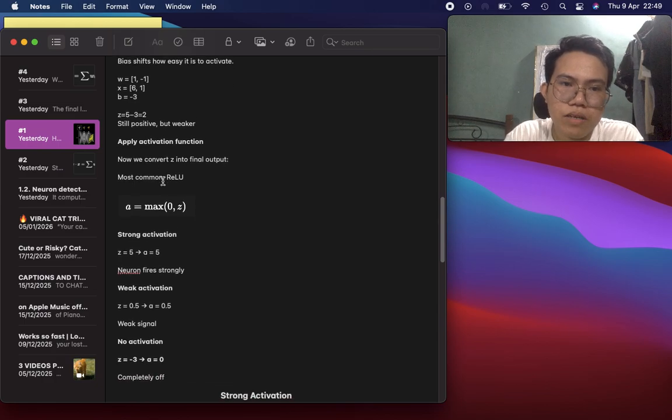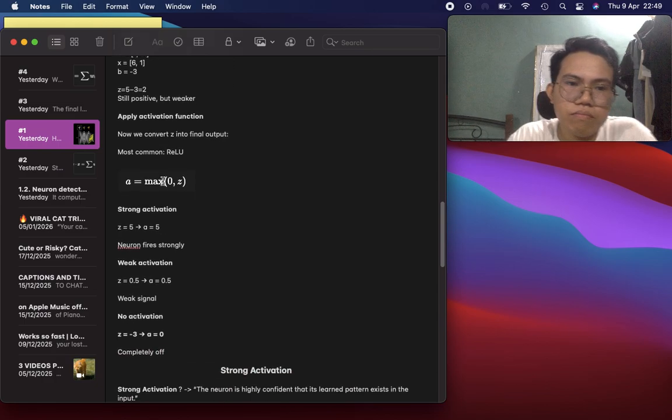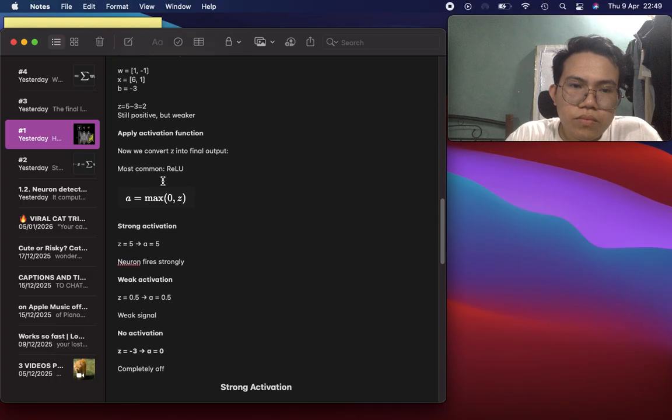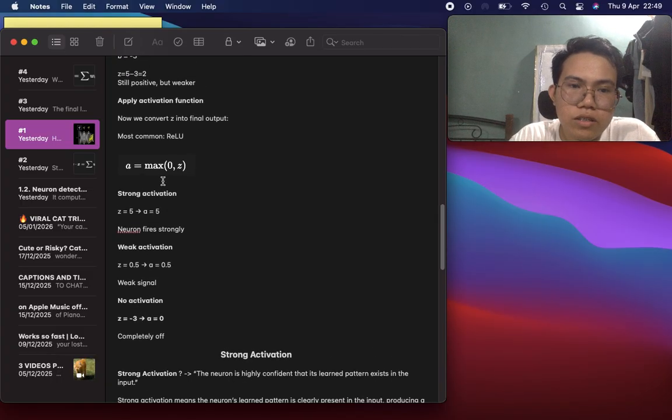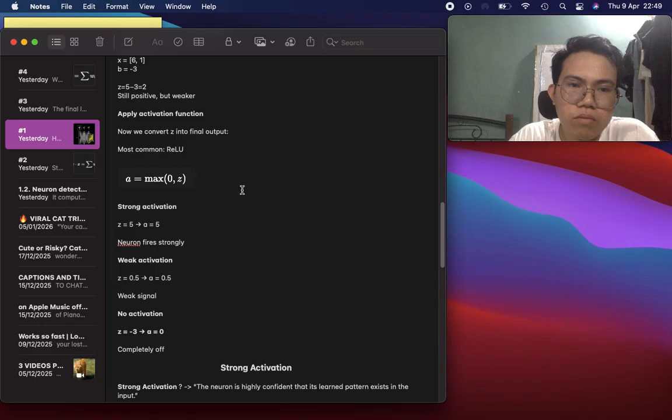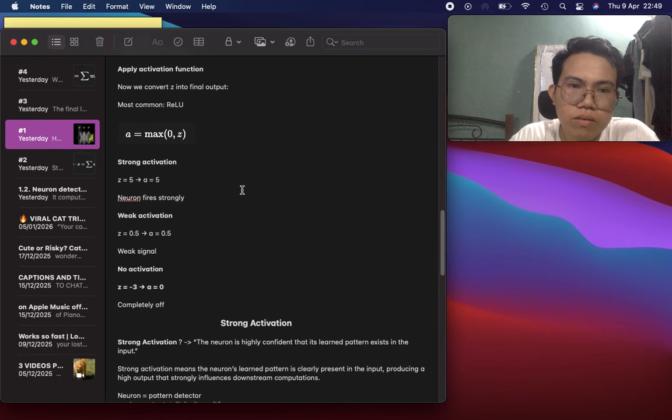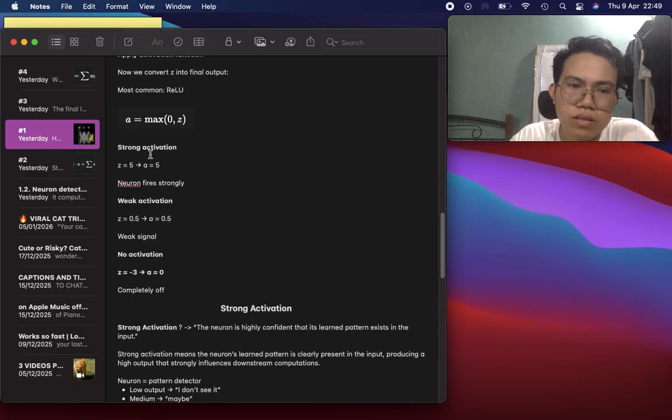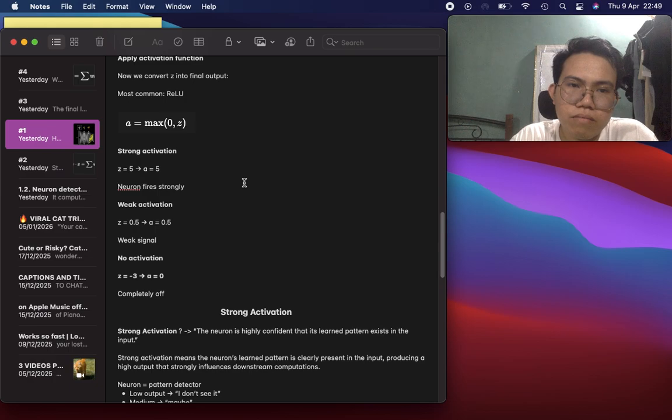And then we apply the activation function to the Z. The most common we use is ReLU. If it is not less than or equal to 0, then the value will still remain like this. Z equal to 5, the activation is 5. We use ReLU, the activation function, to produce nonlinearity.